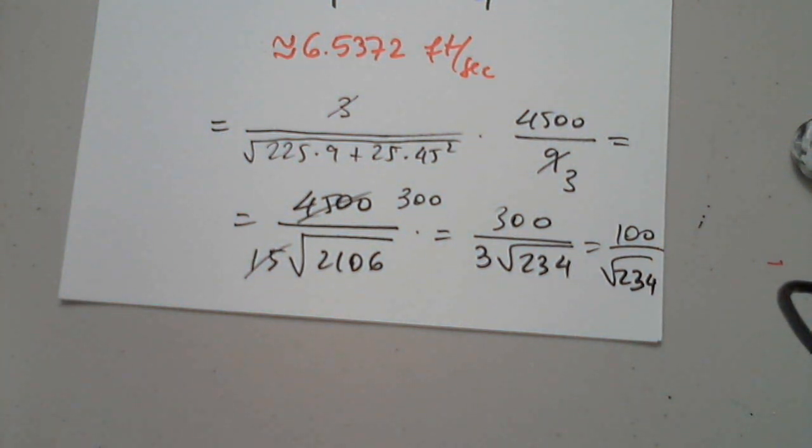But again, I'm not sure. They didn't give us any possibility for approximation. I'm looking to see if everything is in feet, just to make sure. Yes, everything is in feet per second, and feet.